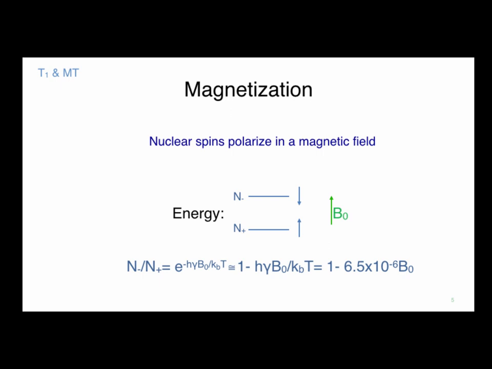It also explains why stronger magnetic fields help to get you a better signal, since the energy difference is proportional to the magnetic field. So with a strong magnetic field you have a bigger magnetization, stronger signals.